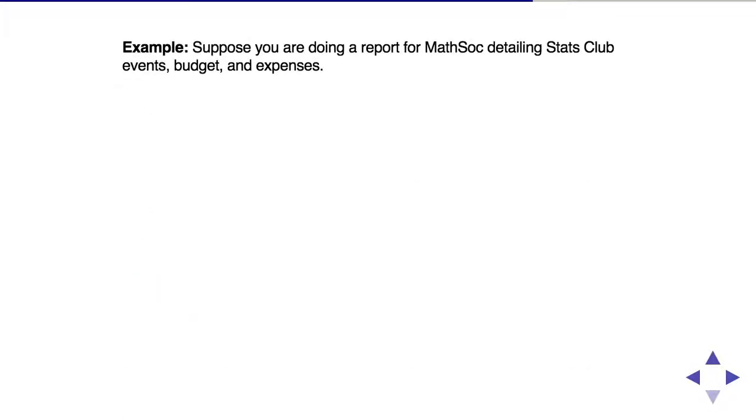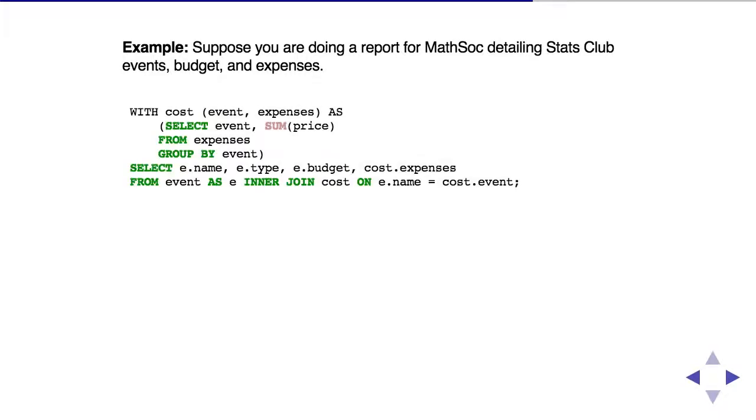Say we're doing a report for Stats Club detailing events, budget, and expenses. So WITH cost AS: we select event, sum of price from expenses, and group by event. That gives us the expenses for each event.